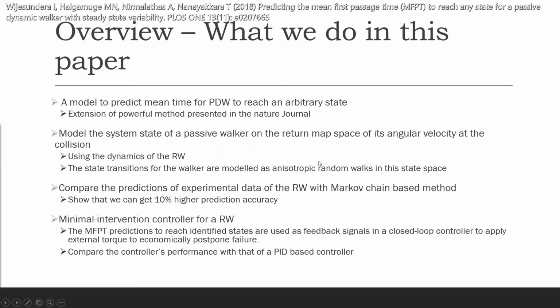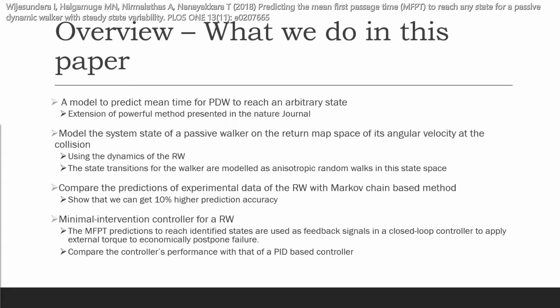So with that background, moving on to the contributions of this paper, we firstly develop a model to predict the mean first passage time for a passive dynamic walker to reach an arbitrary state. For this, we developed an extension of a powerful method presented in the Nature journal.